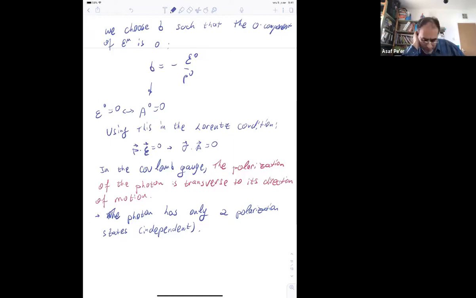That also means, actually coming from here, that the 4-vector A nu has only 2 degrees of freedom, which means there are only 2 independent functions that describe the physics.